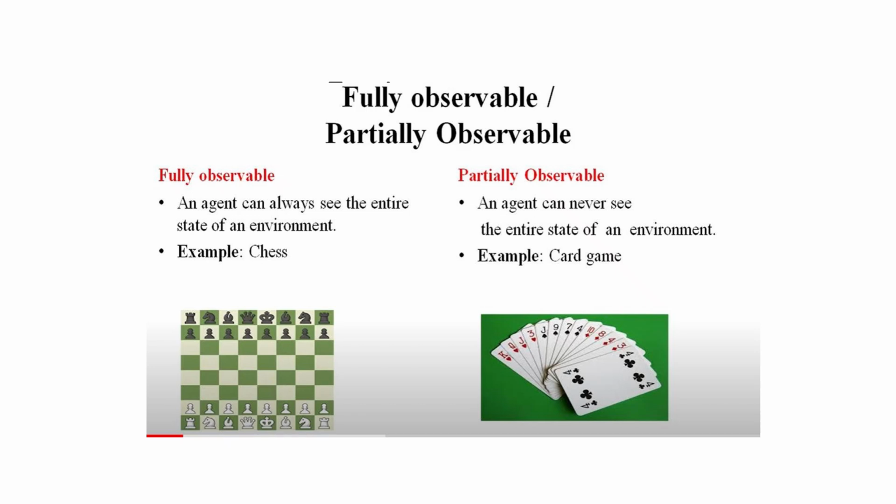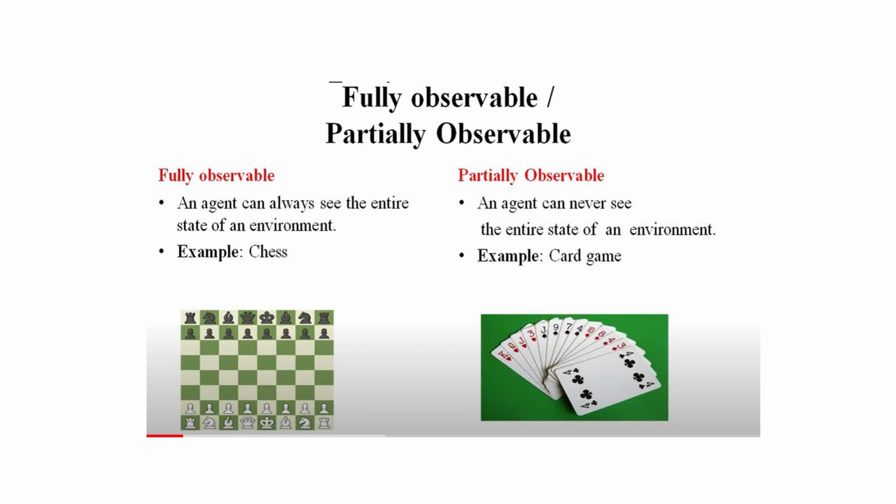A good example is a card game. In a card game, 52 cards are there. It is not a two-player game; it can often have multiple players. We have 52 cards, 52 packets of cards in a card game.